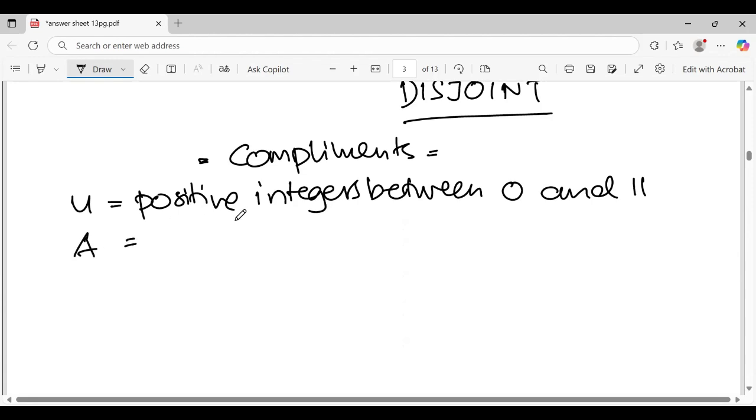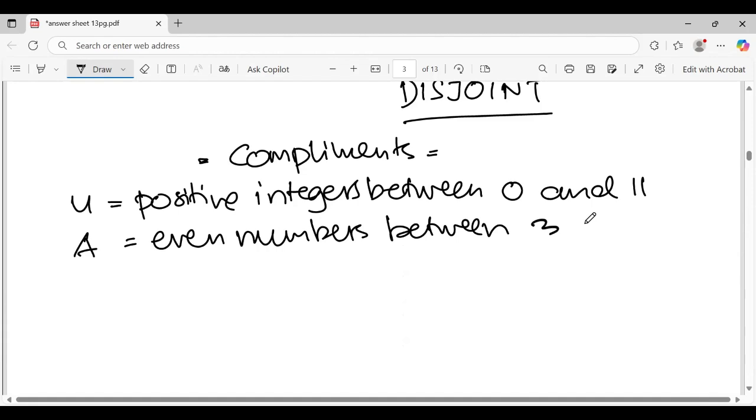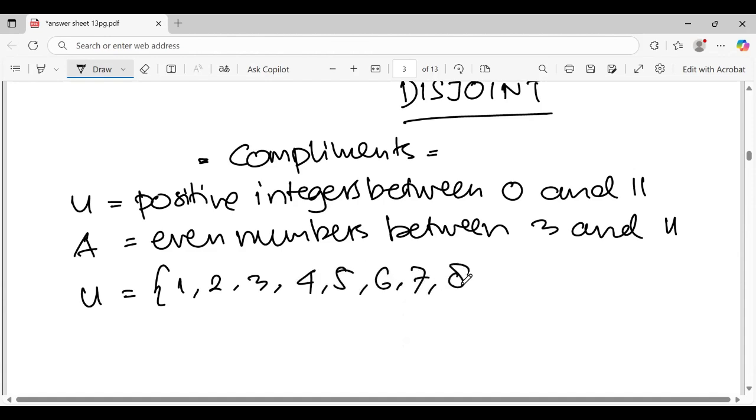And A are even positive numbers between 3 and 11. So if you write the elements of the universe, it's going to be 1, 2, 3, 4, 5, 6, 7, 8, 9, and 10.